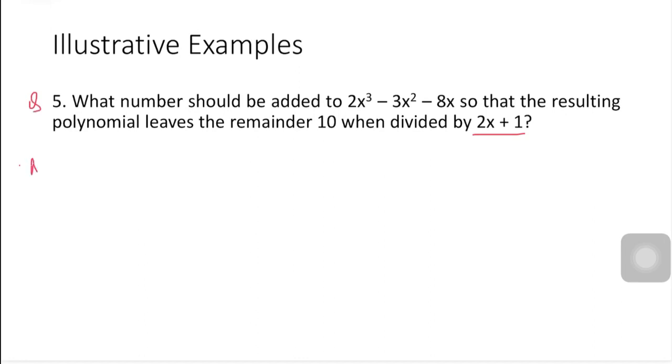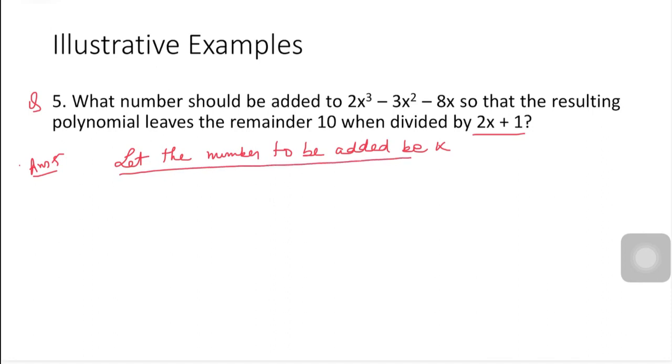We did a very similar question before, so this is question 5. In the answer, we'll say let the number to be added be k.